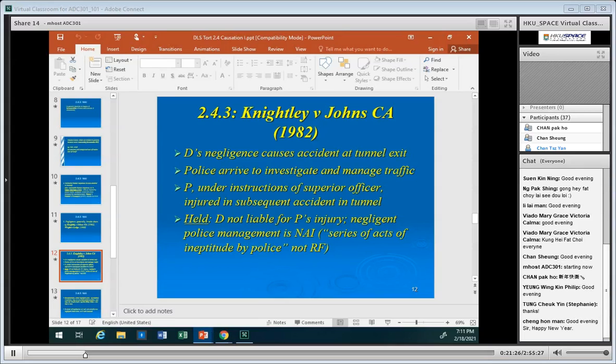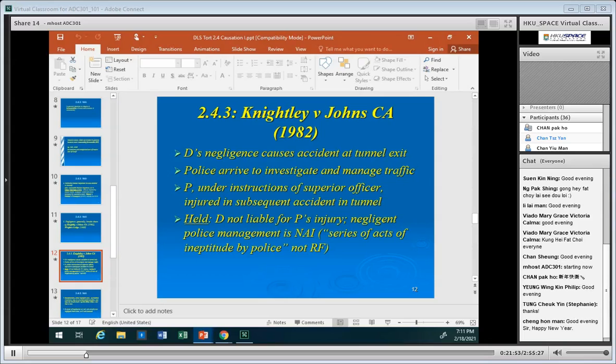Well, it's certainly reasonably foreseeable that the police would turn up to manage a traffic accident, but what was not reasonably foreseeable was the fact that the superior officer made lots of little errors which contravened the standing instructions for such an event. In particular, he did not close the tunnel to traffic, and he sent the police constable on his motorbike against the traffic flow.